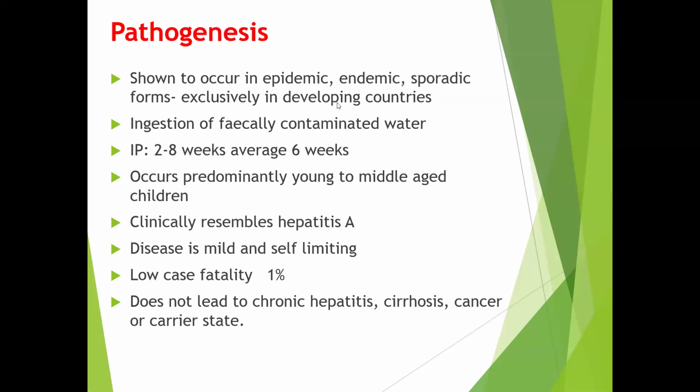It is mainly transmitted by fecally contaminated food and water, the fecal-oral route. Hepatitis A and hepatitis E are both transmitted by the fecal route, which means if food or water gets contaminated with fecal matter and is consumed by a healthy individual, it leads to infection.